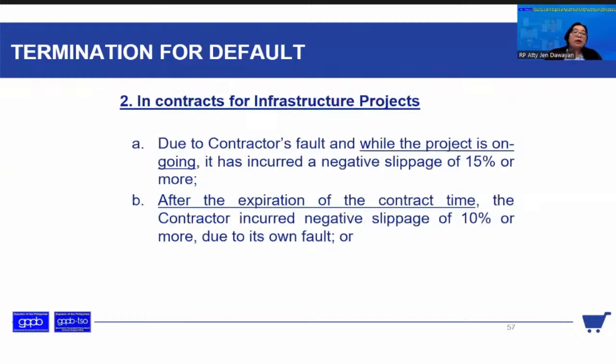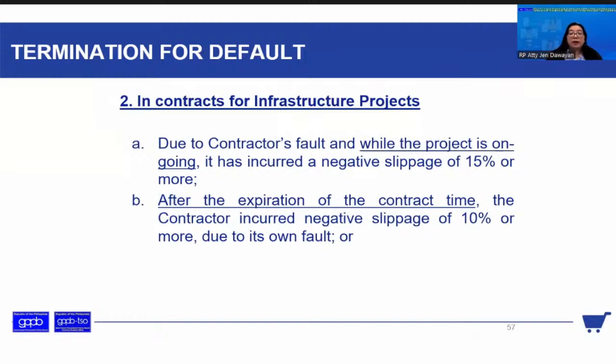And then for contracts for infrastructure projects, due to the contractor's fault and while the project is ongoing, it has incurred a negative slippage of 15% or more. So 15% or more for infra where the project is ongoing, with negative slippage, with the fault of the contractor. The other one is after expiration of the contract time, a negative slippage of 10% or more due to his own fault.